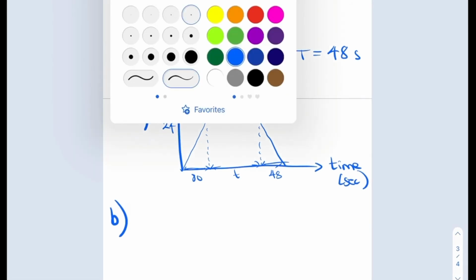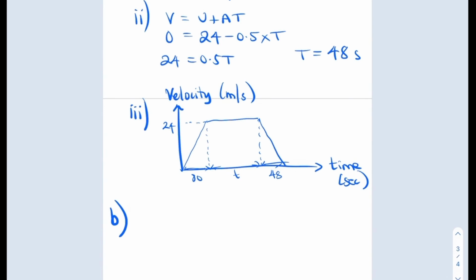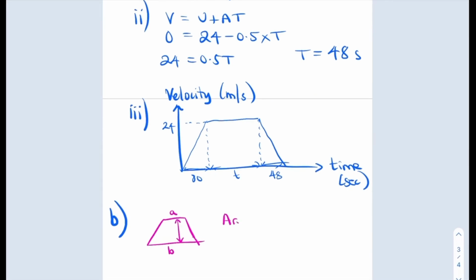So let's just remind ourselves, and I'll change the colour so we don't get confused. If I have a trapezium that looks a bit like this, then that's a, that's b, and that's h. Then the area of this trapezium will be half the sum of the parallel sides times the distance between them.